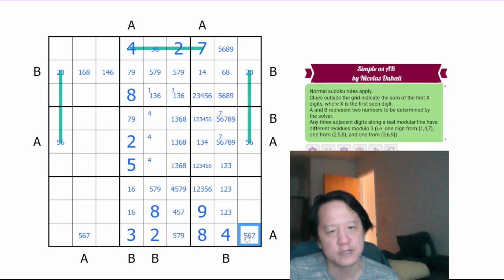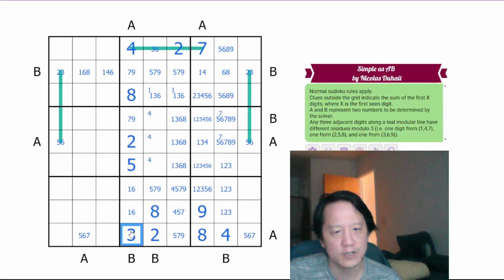What about 6? 6, 5, and 3 works. We have a guaranteed 1 in one of these cells here. That's interesting.